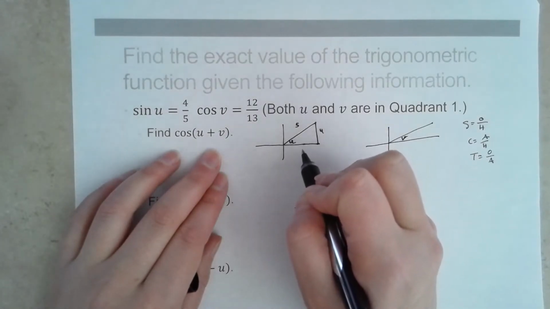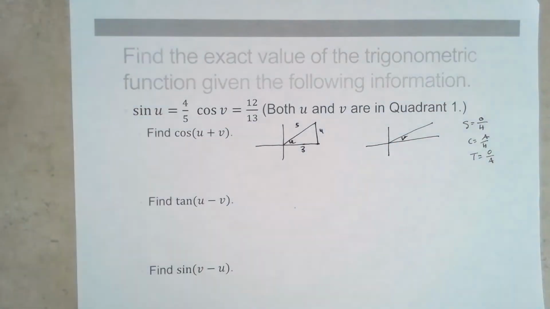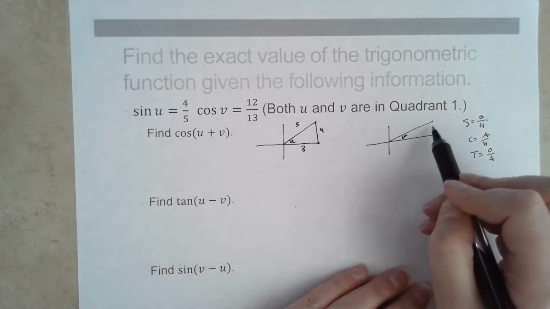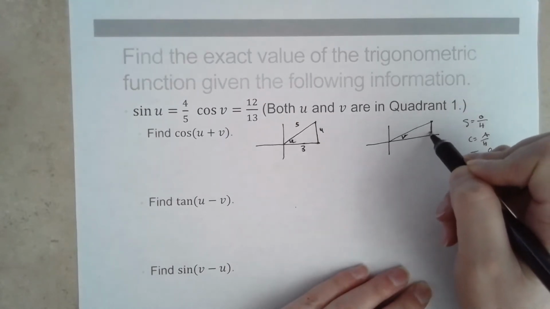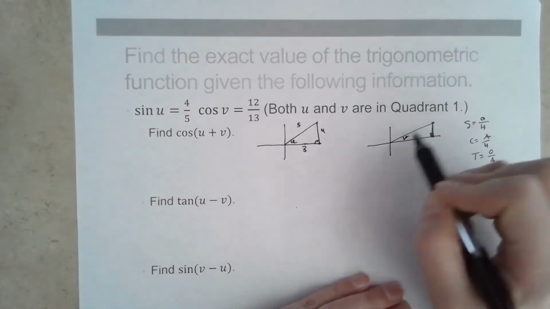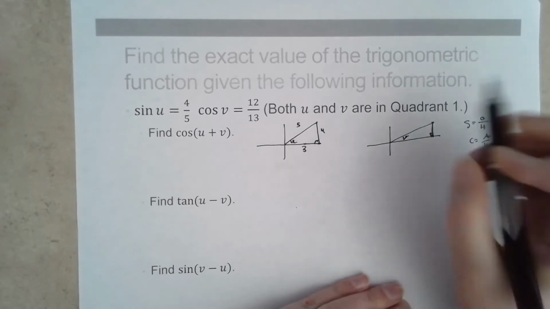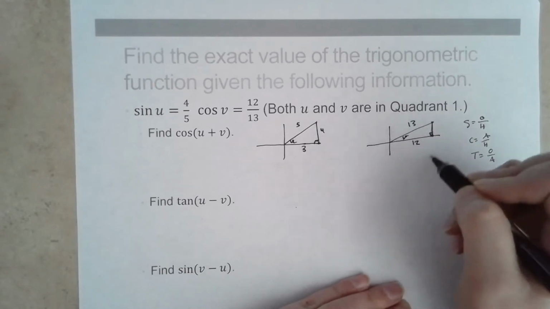Pythagorean, yeah, that's the right word. And 3. Okay, we know V is in quadrant 1, and angle V, sorry, that's a 90, is cosine. So cosine is adjacent over hypotenuse. Again, a Pythagorean triple.